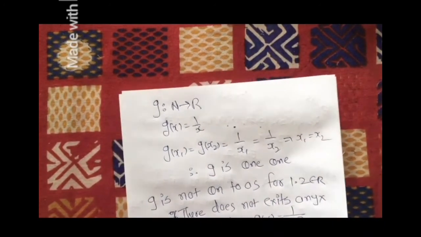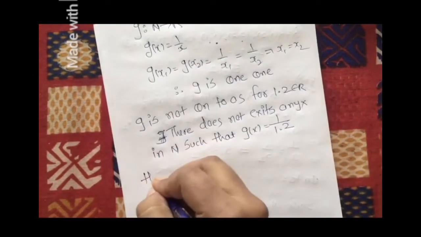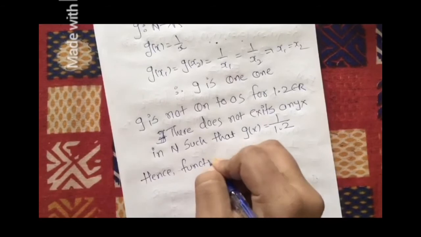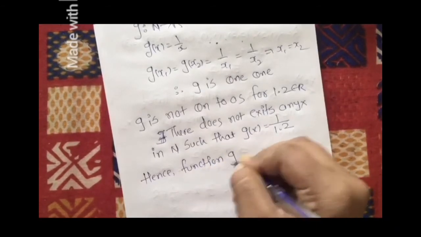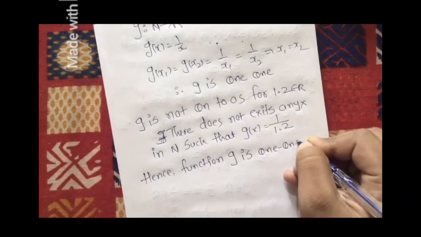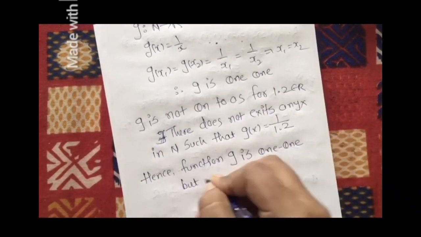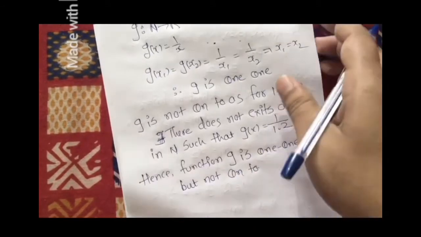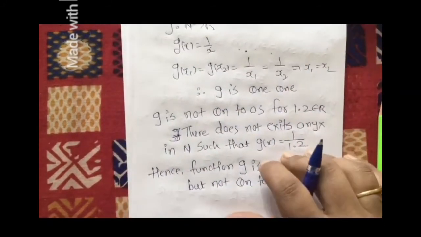Hence function g is 1-1 but not onto. Okay, now move on to the next, example number 3.